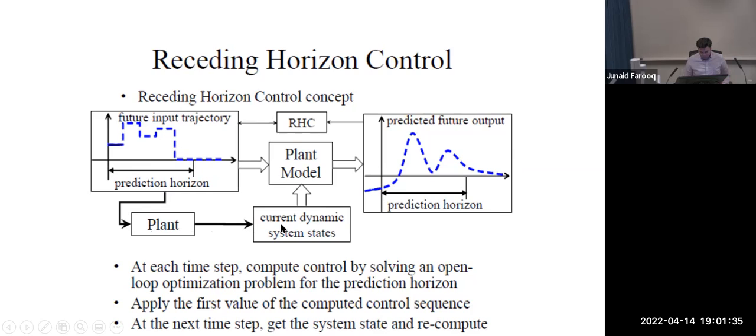The plant will provide you current dynamic system states, and those are fed to the plant model to get the output. But obviously, those outputs are at the current time. So there's a predictor which will predict what is going to happen if the same output continues.